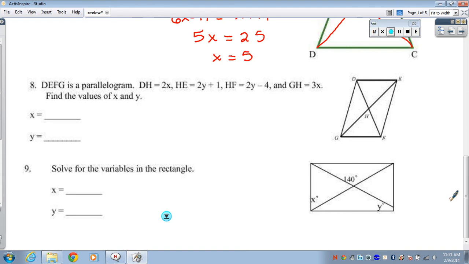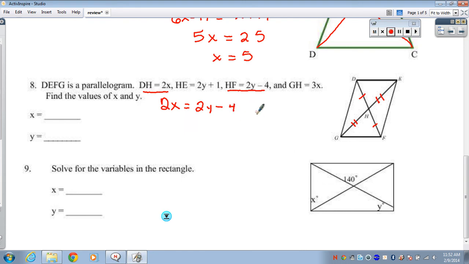Number 8, DEFG is a parallelogram. Since this is a parallelogram, we know the diagonals bisect each other. These two parts are congruent. These two parts are also congruent. So 2x equals, these two are equal, 2y minus 4.